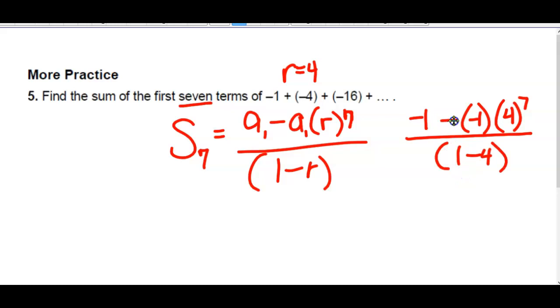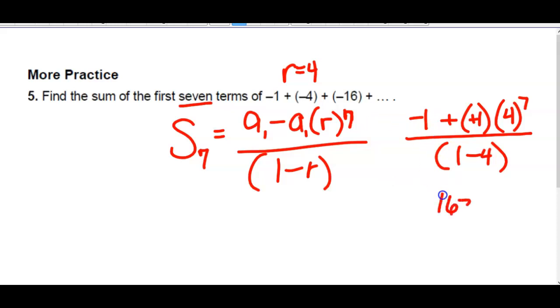Because these are not to a power, it's okay to make this plus positive if you want. So 1 times 4 to the 7th is really just 4 to the 7th, but you can type it all in with the parentheses carefully. So -1 plus 1 times 4 to the 7th, or minus a -1 times 4 to the 7th, it won't matter.